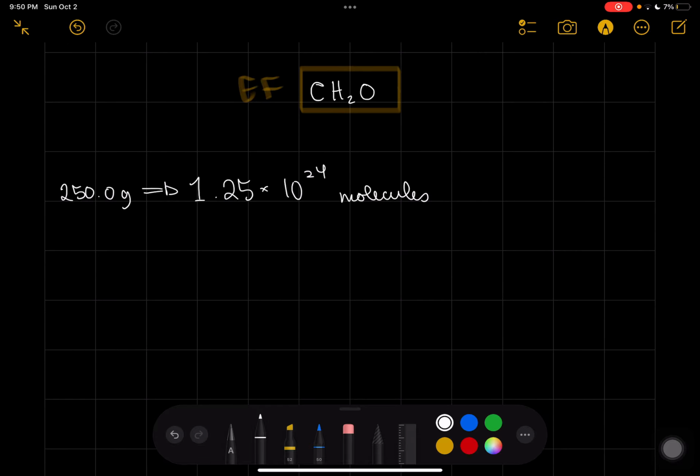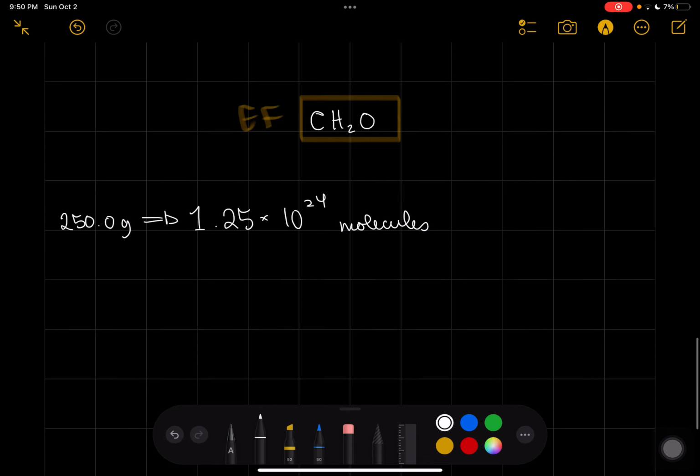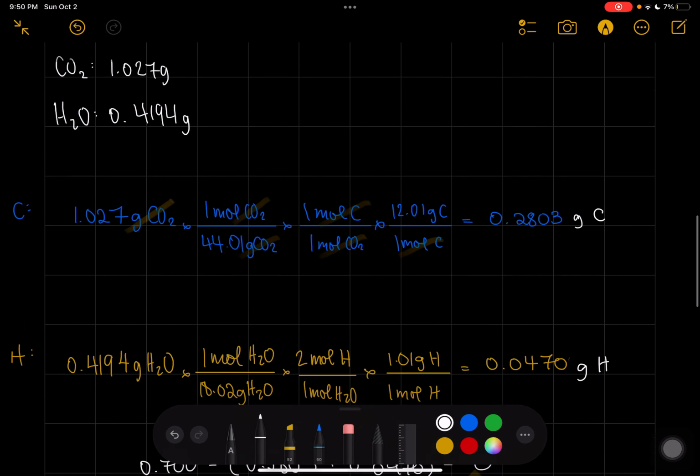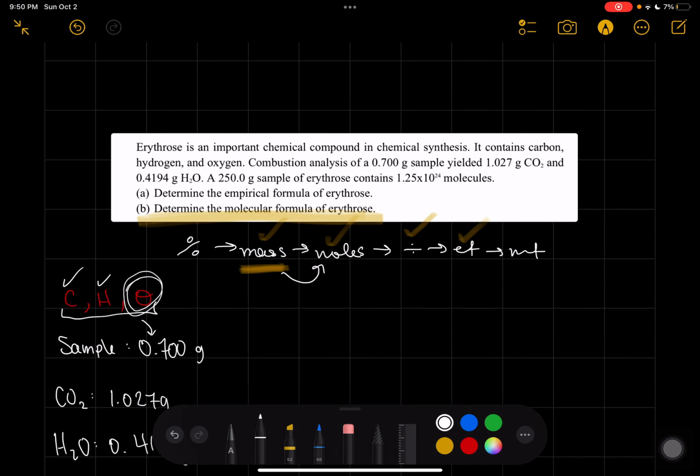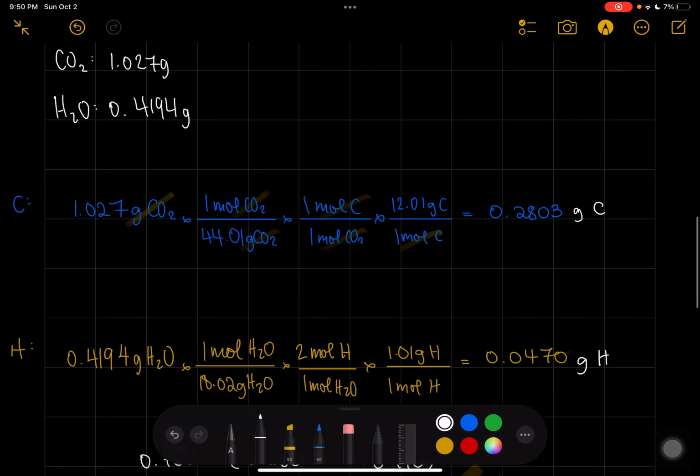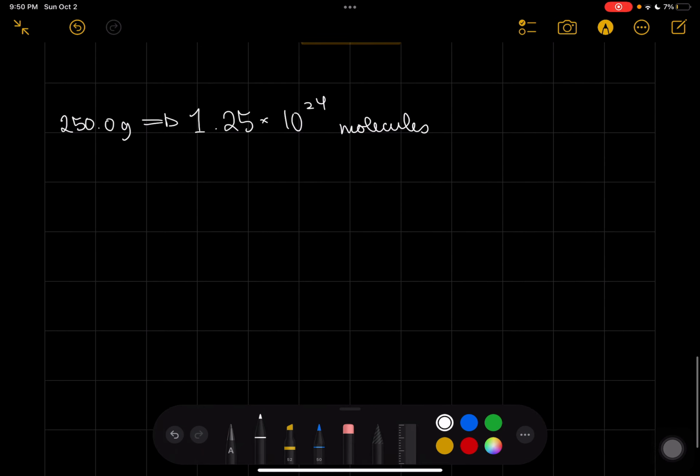So let's try to find the molecular formula from this. If we have 250 grams, let me introduce you to this formula: the molecular formula over the empirical formula gives you the ratio, so you know how much to multiply everything by.